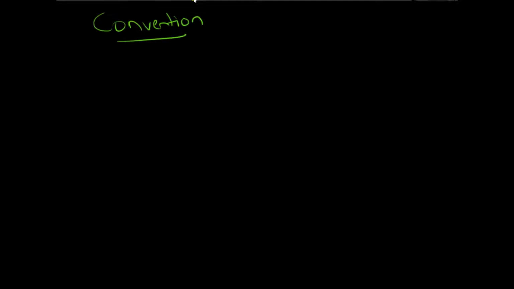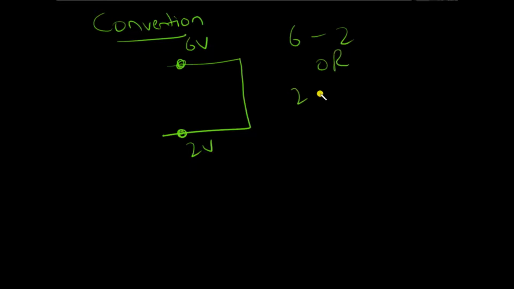Now another convention comes into play, because if, for example, we have a circuit or a wire and there are 2 points, this and this, and I say that this is 6 volts and this is 2 volts, how do you know which to subtract from which, for the potential difference across these 2 points? Is it 6 minus 2 or 2 minus 6? Well, it's simple.